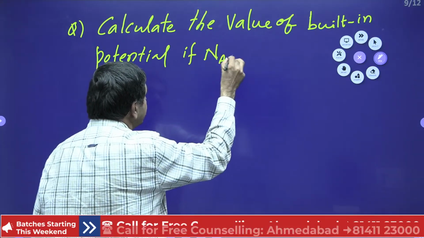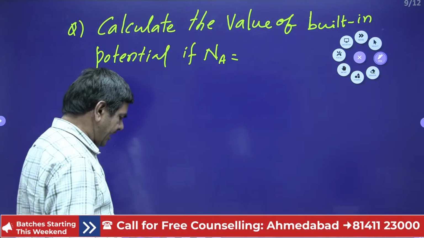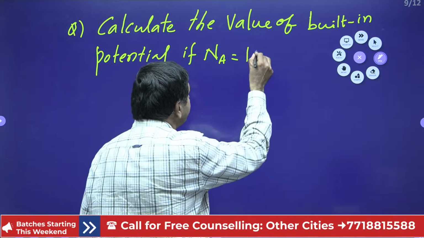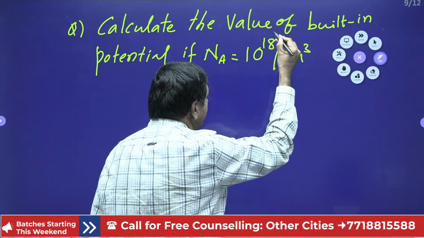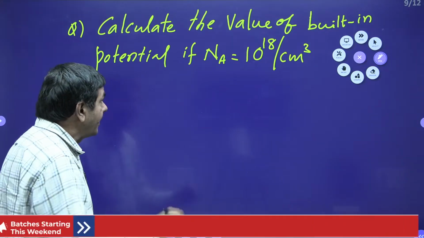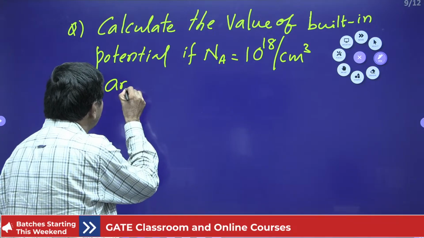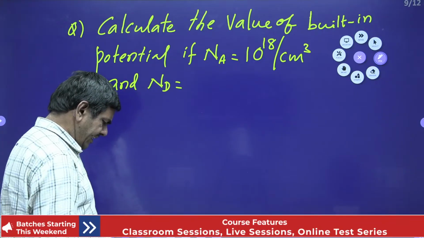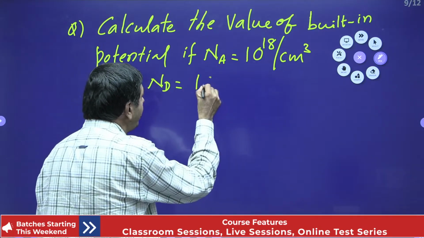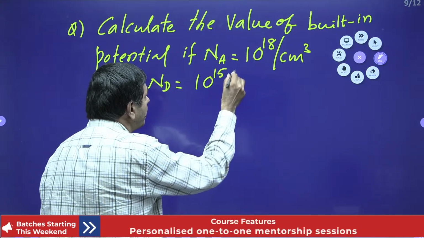Na is 10 power 18 per cm cube, and Nd, the donor concentration, is given here: Nd equal to 10 power 15 per cm cube.